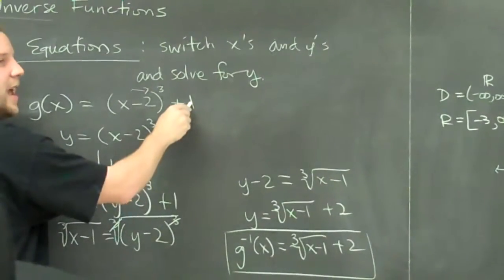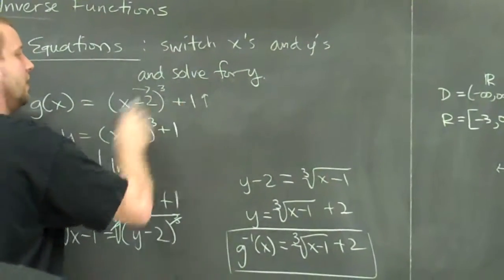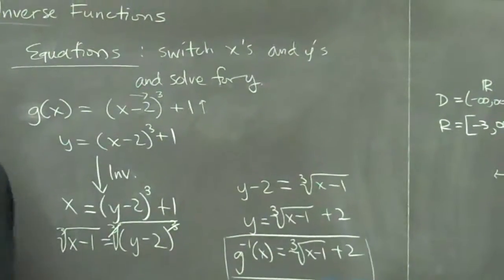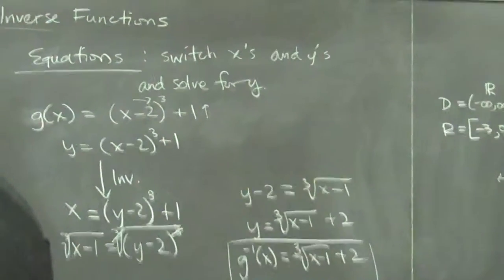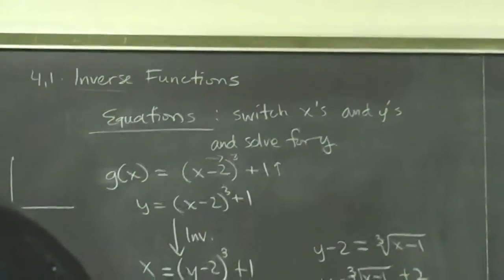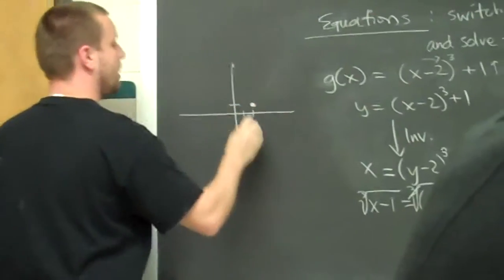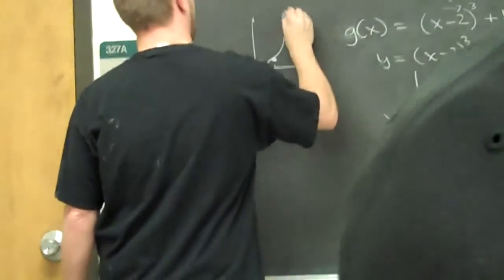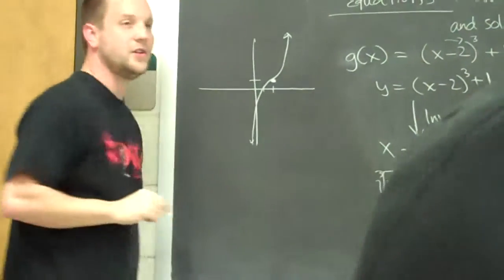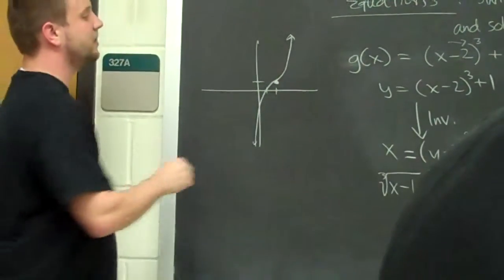That's right, right 2, and adding 1 outside is going to move it up 1. So, right 2, up 1. It's going to be give or take that function. That's g of x.